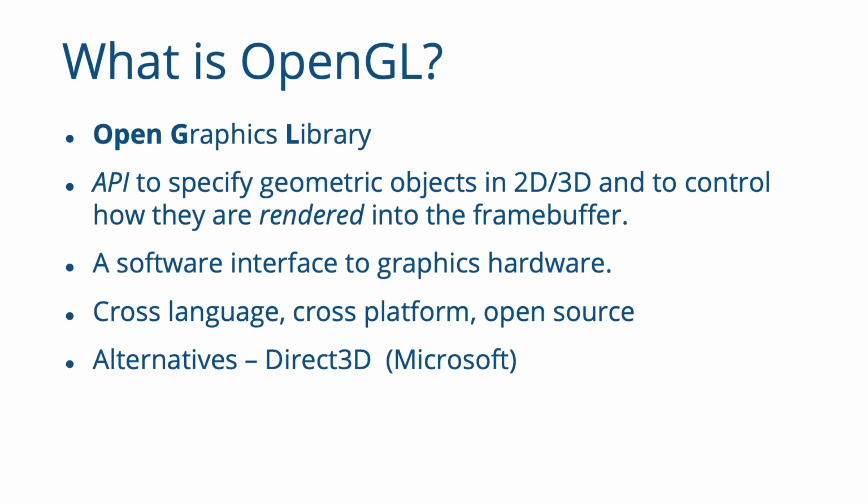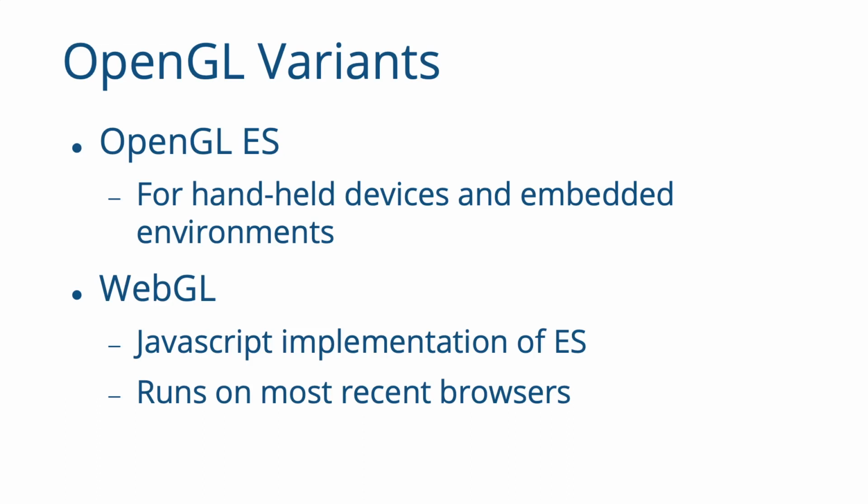An alternative to OpenGL that is platform specific is Direct3D. Direct3D has almost the same set of features as OpenGL, but it runs only on Microsoft Windows. There are a few variants of OpenGL. So there is OpenGL ES, which is the embedded subset. So for handheld devices and embedded environments, you have a smaller subset of the OpenGL API.